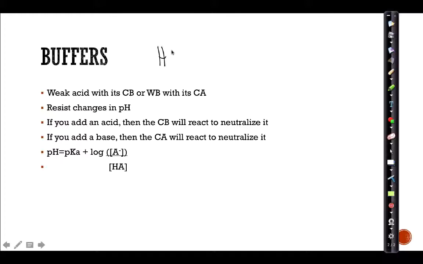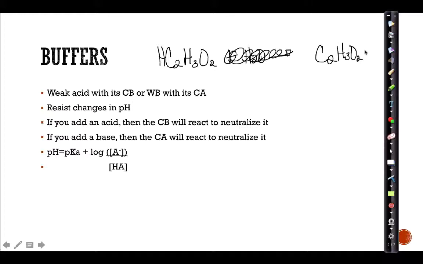So let's say that I have acetic acid. If I have acetic acid, well, its conjugate base would be acetate. So this is my weak acid, and this is my conjugate base. If I have both of those present, what can happen is, let's say that I add an acid to it.